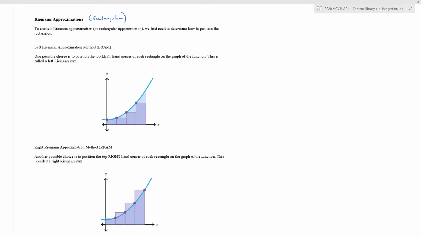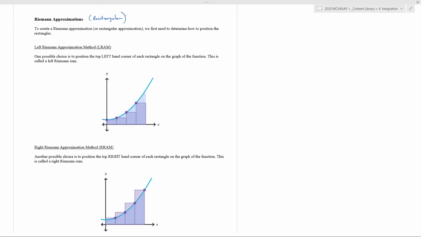What the left, right, and midpoint refer to is where we're fixing each one of the rectangles. If we look at the left Riemann approximation, or the LRAM for short, what we do there is position the top left-hand corner of each rectangle on the graph.